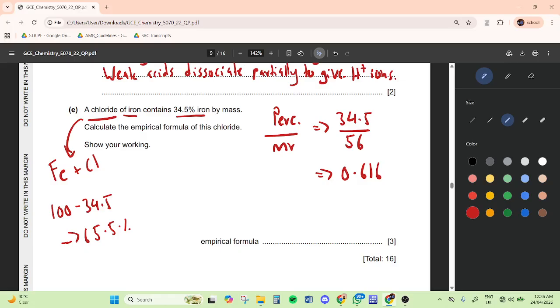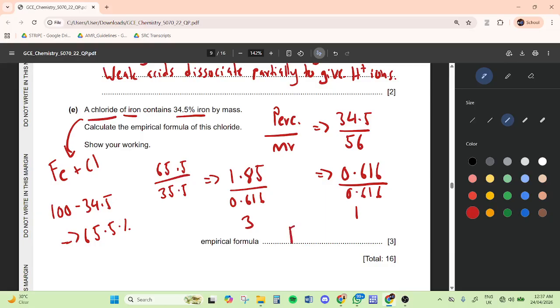So this will be 65.5 divided by 35.5, and you're going to get 1.85. Once you get to this step, you're going to divide by the lowest number. So you're going to divide this by 0.616, divide this by 0.616. So this will give you 3, and this is going to give you 1. And so the empirical formula is going to be FeCl3.